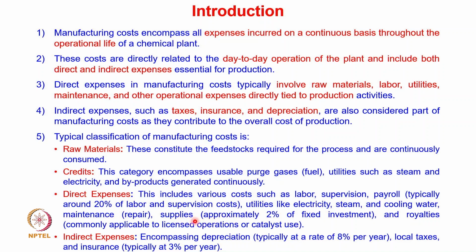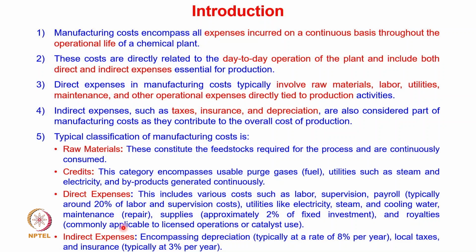Supplies are around 2% of the fixed investment. And the royalties: usually if we are taking any licensed product, we have to pay royalties to the original companies. These are used whenever we are using some specific catalyst or some specific process.